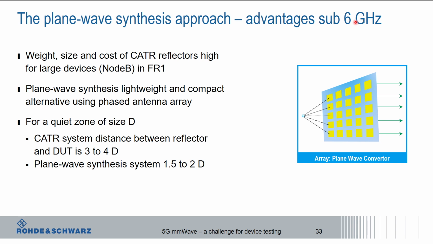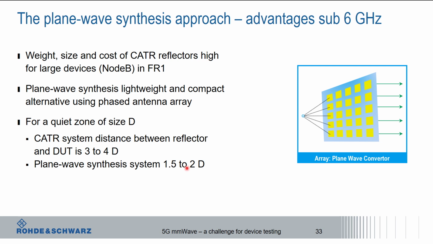Also, another advantage of this approach is that the distance between the reflector and the device under test, typically in the CATR system, is about 3 to 4 times d, whereas in the plane wave synthesis, you can go down to half of the distance between the device under test and the plane wave converter.